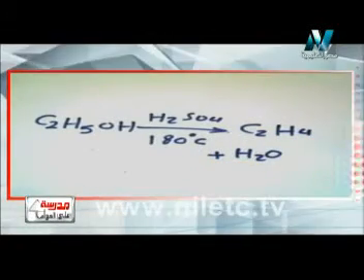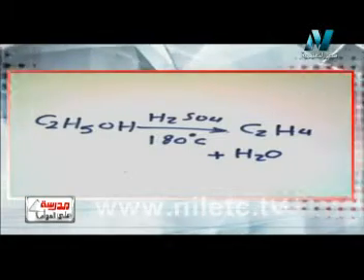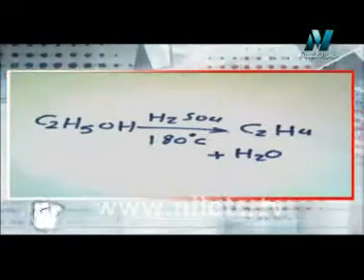It gives ethylene, or ethene, plus water. So the reaction between alcohol and sulfuric acid depends on the temperature, because it gives different products at different temperatures.